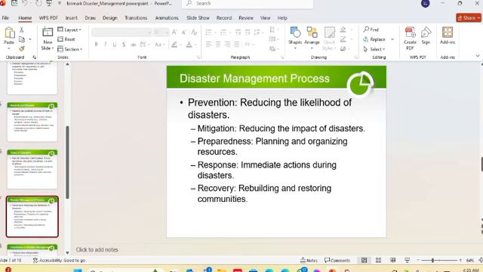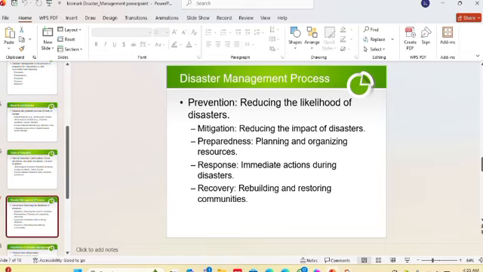Then we have the disaster management process. What are the processes to be undertaken when carrying out disaster management? First one, we have prevention, which is reducing the likelihood of disaster. Then we have preparedness, planning and organizing resources.